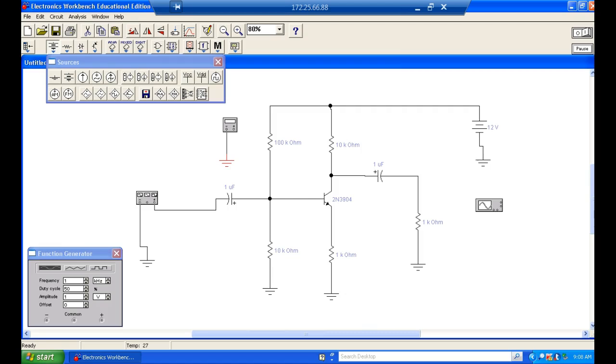So what I want to do is raise this voltage right here. That's going to increase the current, right? If we increase the current, then the 10K that we've already got will drop more voltage without changing it. So which one of these do we need to change? Well, we can make this lower, but if we make this lower, we decrease the input impedance.